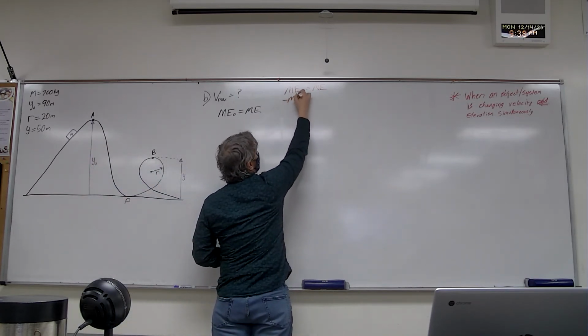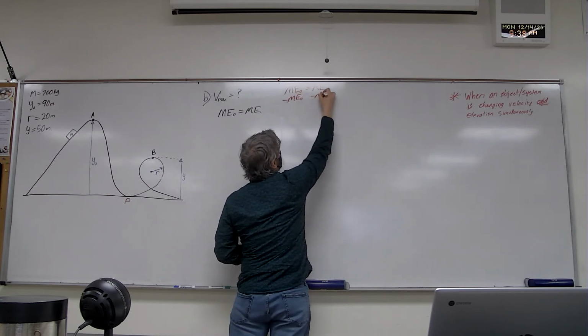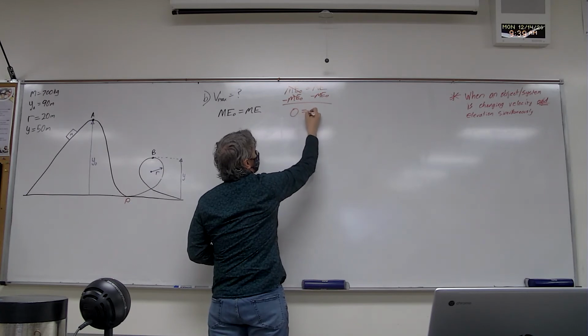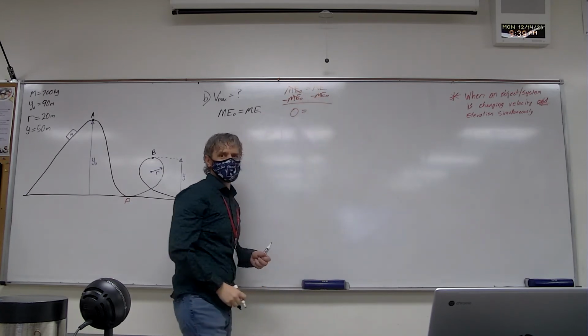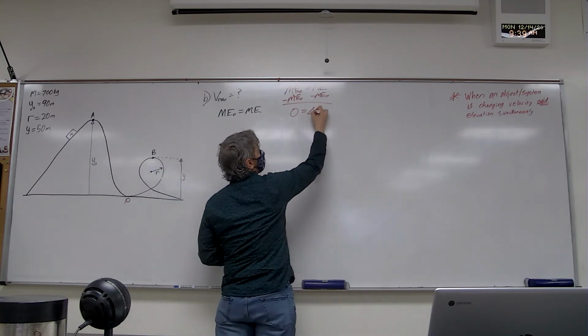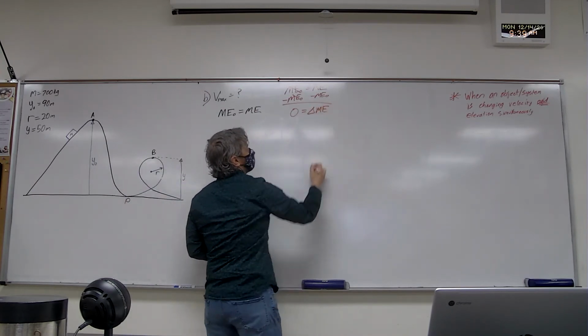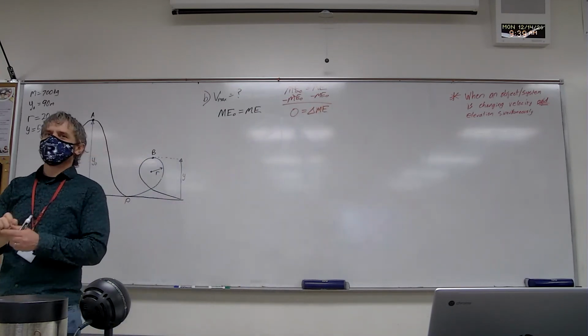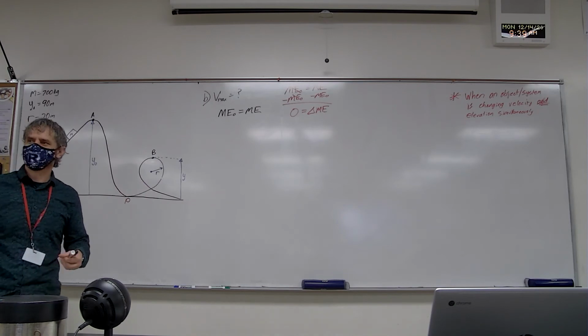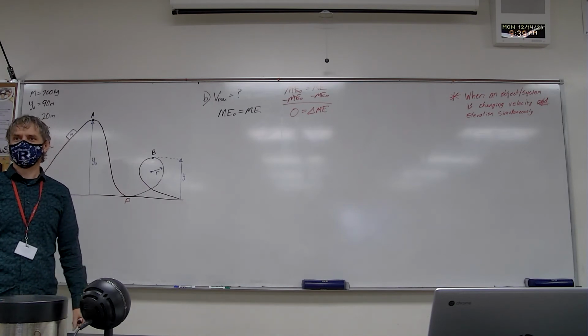If I subtract the initial mechanical energy from both sides, I get 0 on the left side. What's final minus initial mechanical energy? What's another way of writing that? Change. Excellent. So if the change in mechanical energy of an object is equal to 0, then mechanical energy is conserved.